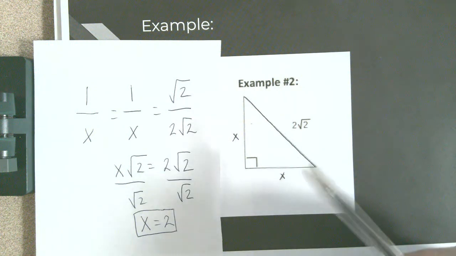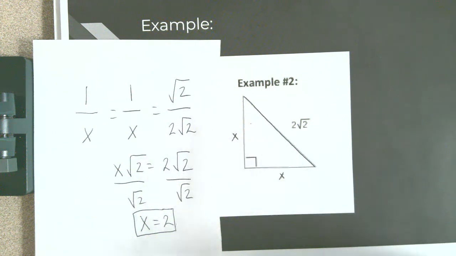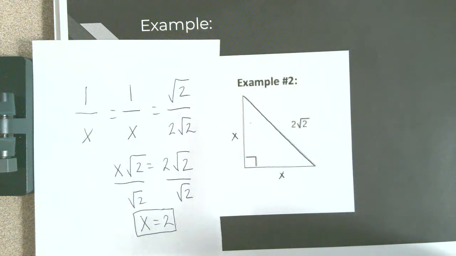That's going to make both legs 2. I don't have to solve the proportion again to find the other x because they're going to be the same.